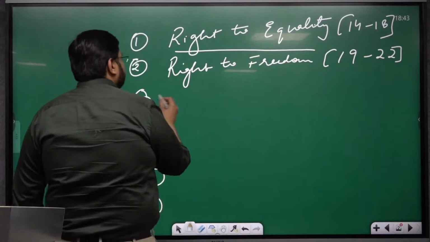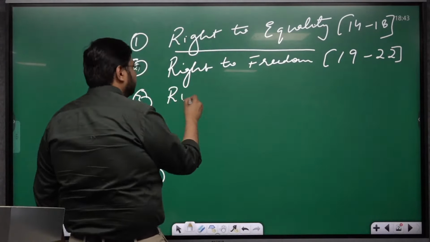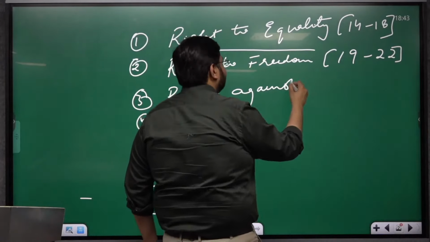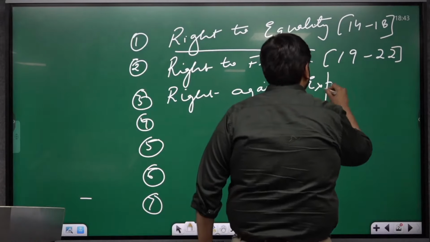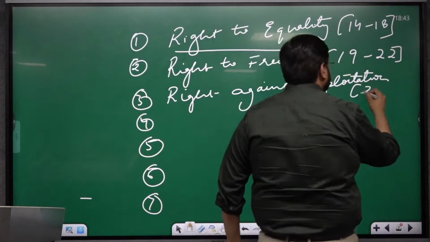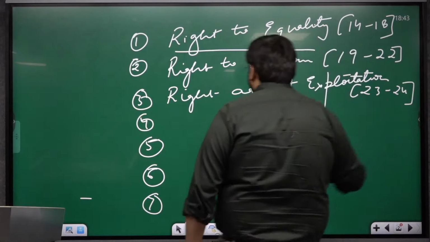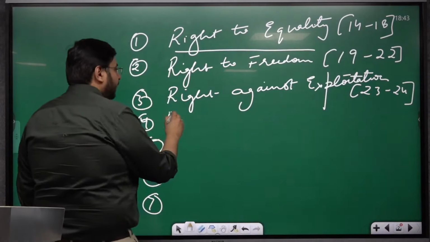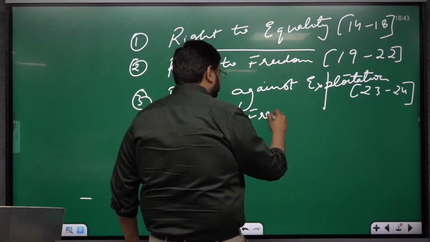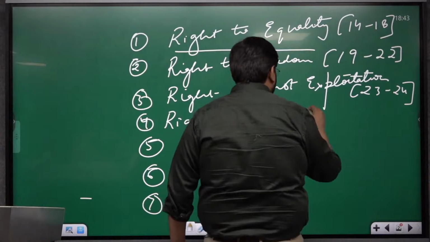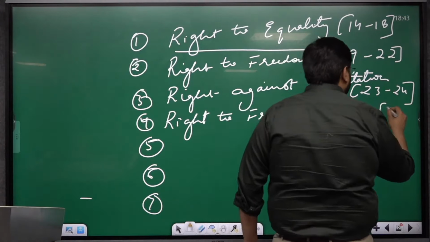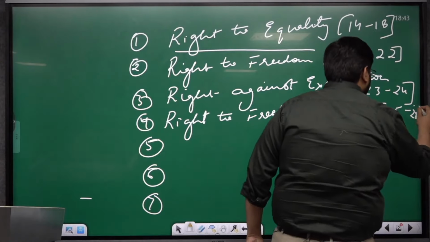Then third is the right against exploitation, from Articles 23 and 24. Then the right to freedom of religion, from Article 25 to 28.